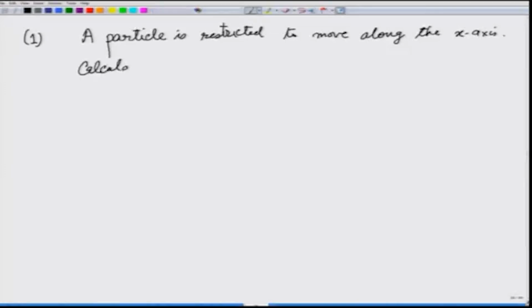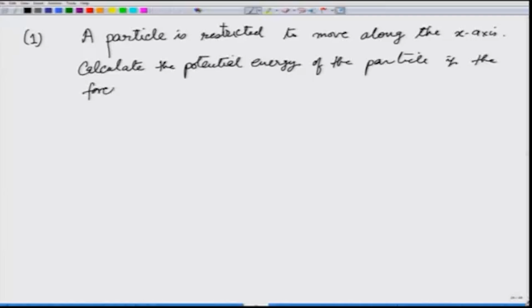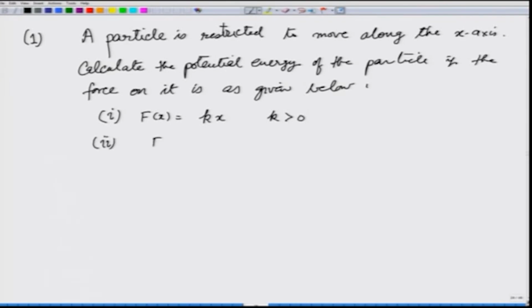Calculate the potential energy of the particle if the force on it is as given below, and the forces given are: 1, Fx equals Kx, k greater than 0; 2, Fx equals 1 over square root of x square plus a square, a is also greater than 0; and 3, Fx equals 5 sine 2 pi x.